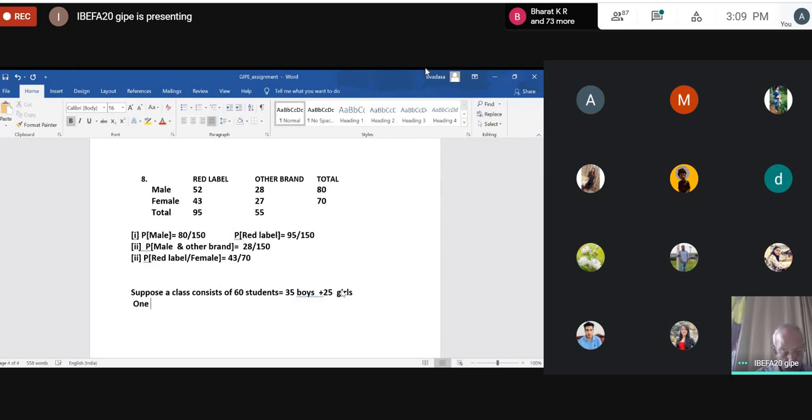One roll number is selected at random from the class. X equal to 0 if it results into false.